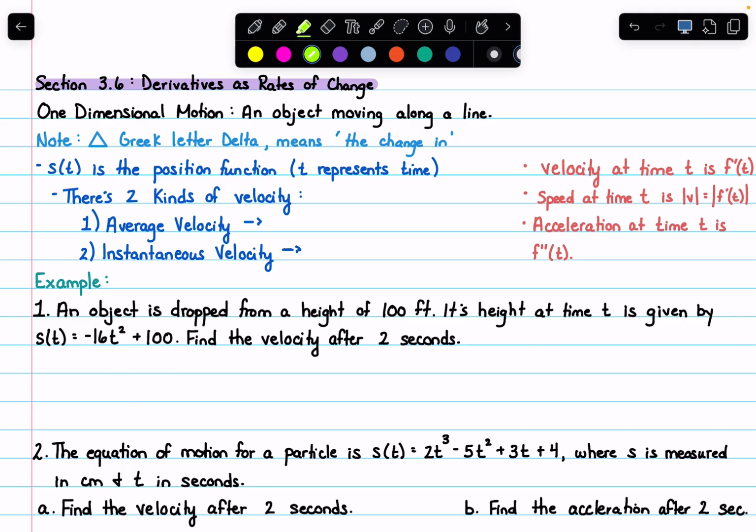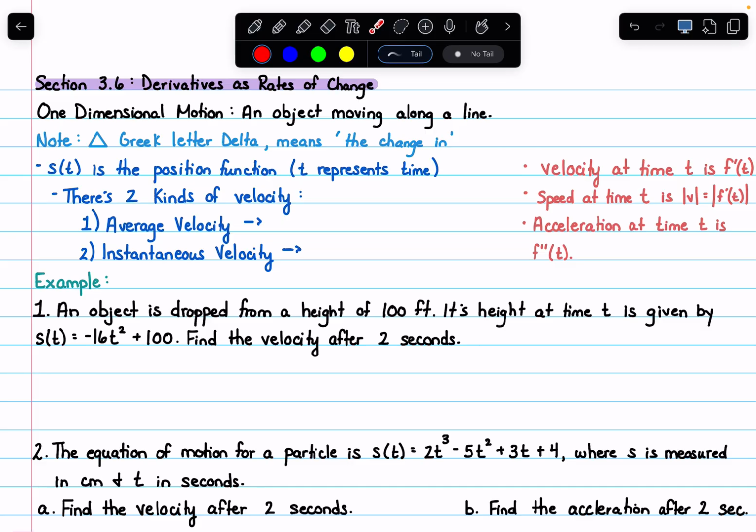That's how you would say it. And S of t is the position function, and t represents time. So that's going to be the position of whatever we're dealing with. Most of the time it's like you're dropping something or you're throwing something in the air, something like that, okay?